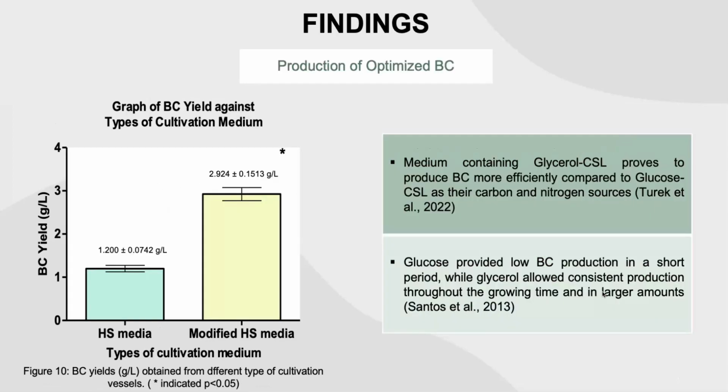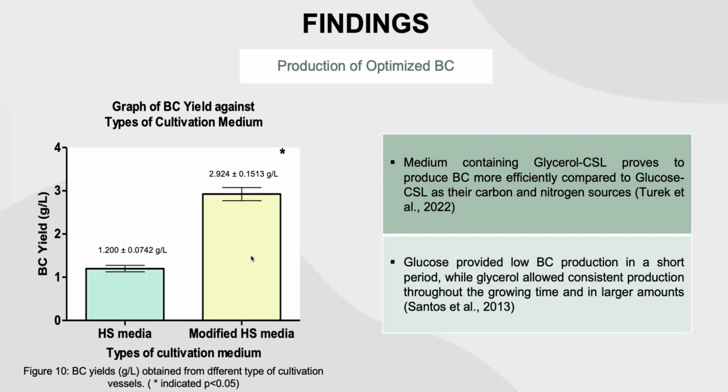Another one I would like to share is if we ferment or produce bacterial cellulose under two types of Hestrin-Schramm media, where the green bar is the conventional or common Hestrin-Schramm media, and the yellow bar is showing the modified Hestrin-Schramm media. The green one shows a lower BC yield.